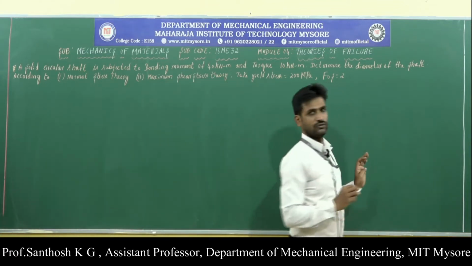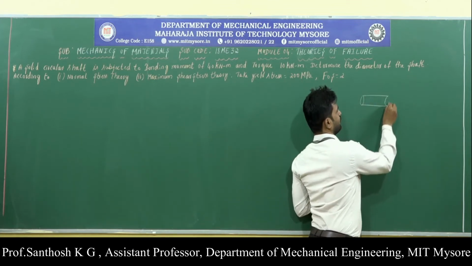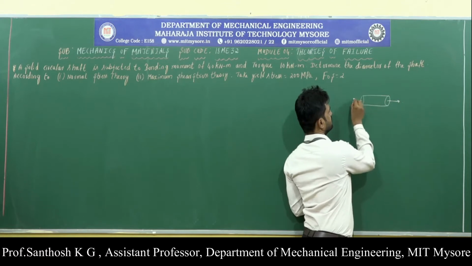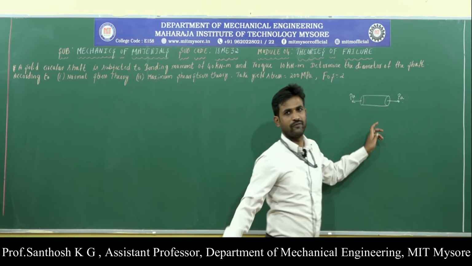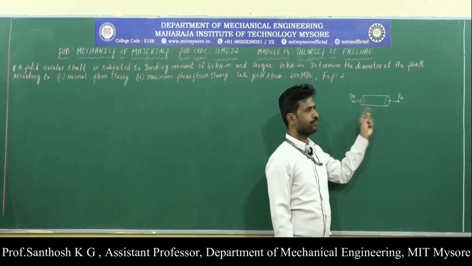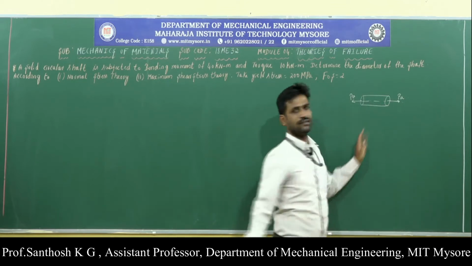So first we should know how we can calculate the stress if a given member is subjected to an axial load. So here I have taken a structural member and it is subjected to load in the axial direction.